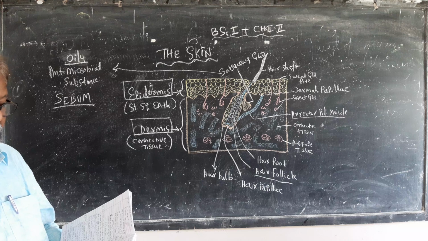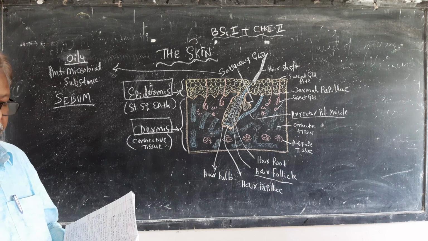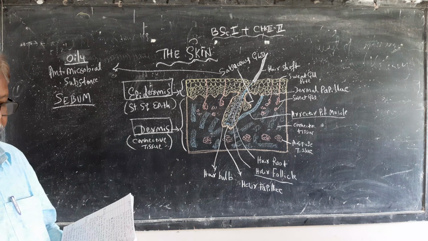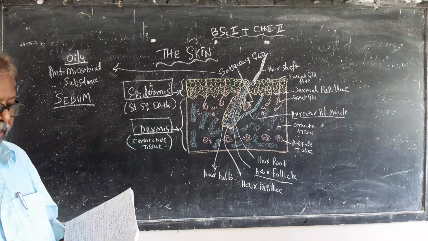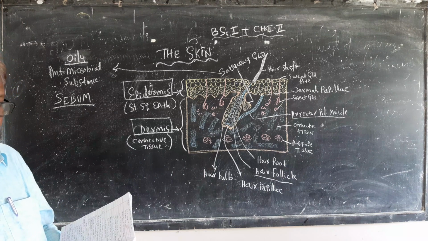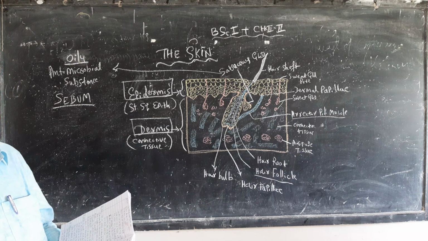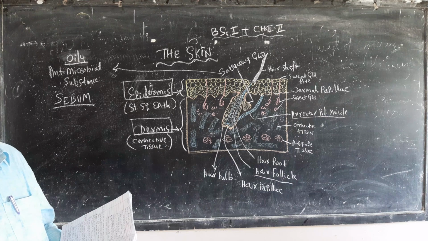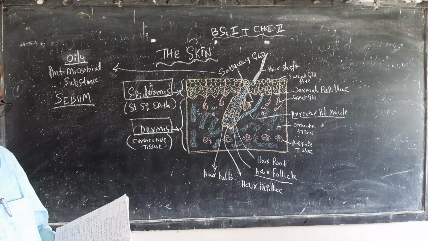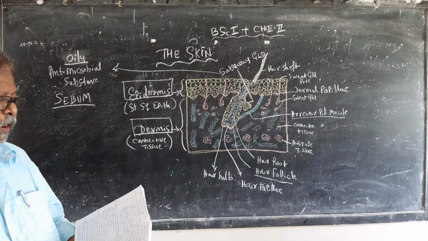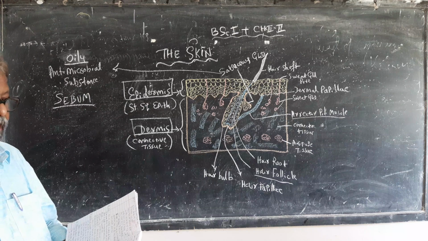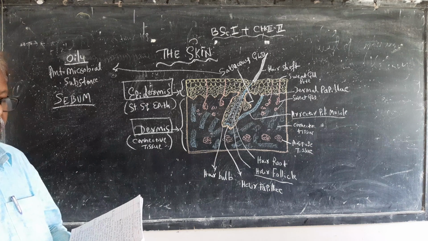It acts as an antimicrobial agent and prevents infection. It prevents infection by microbial organisms, and it acts as an antimicrobial agent which kills the microbes and small organisms sitting on the skin and prevents the infection. So this is the function of the sebum, the oily secretion of the sebaceous gland, which is antimicrobial.